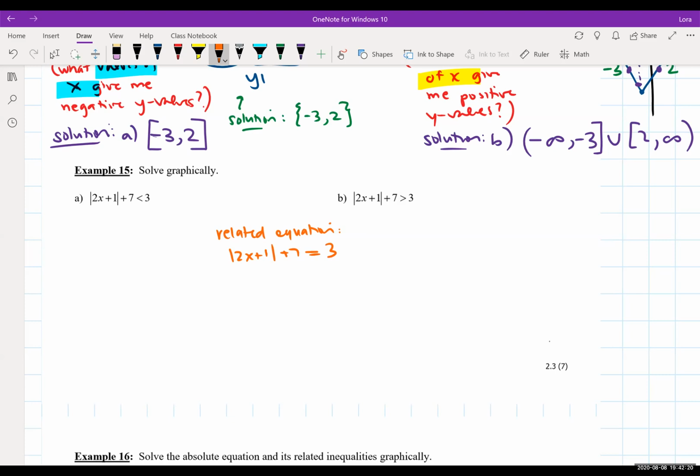So if we were trying to solve the related equation on our TI, in order to do this, we have to isolate everything on one side with 0 on the other. So my preference is to rewrite, I think I'd be moving 3 over to both sides. It's a little easier to move it over to the left. So I should get the absolute value of 2x plus 1 plus 7 minus 3 equals 0.